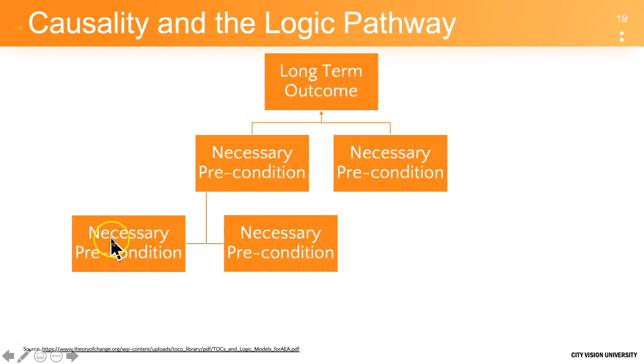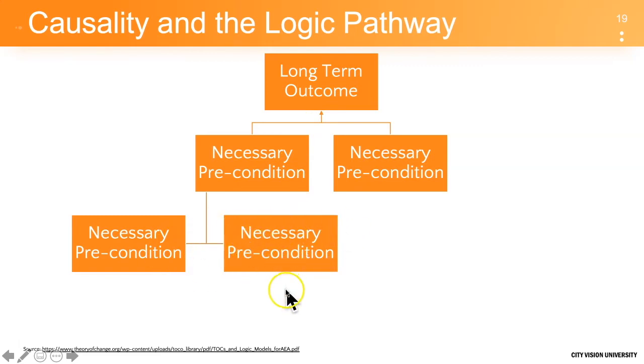So down at this level, in logic model language, this would be your short-term outcomes that bring about these intermediate outcomes that bring about the long-term outcome. You can continue drilling down levels and say, well, what is the precondition to this precondition?